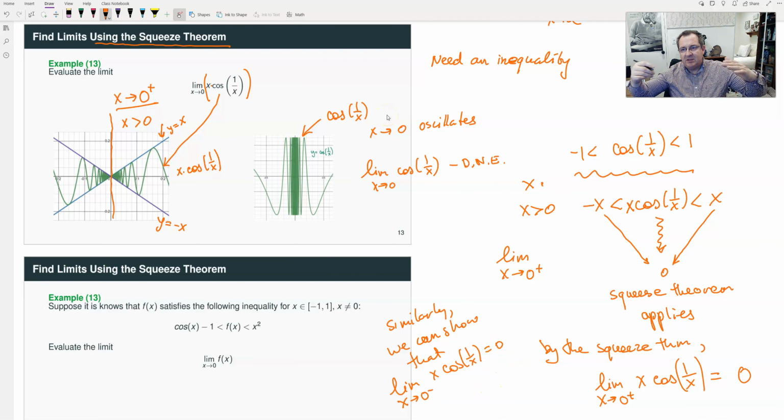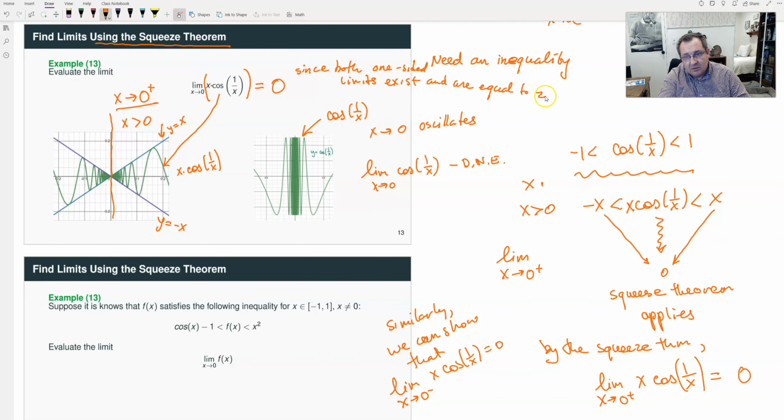And then, since both one-sided limits exist and are equal to 0, we conclude that the limit in general exists and is also equal to 0.